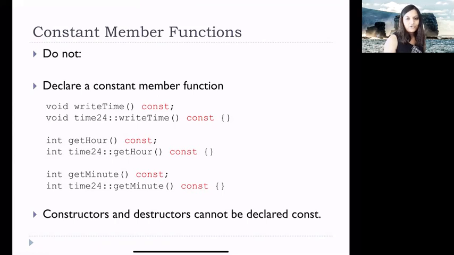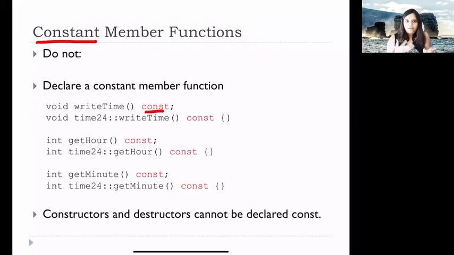Okay, so the next concept we are going to see is constant, and particularly constant member functions. If you know this concept, you know that somewhere in C++ programs you see the word const. This word const could appear behind your different functions, and that's when we call it a constant member function.